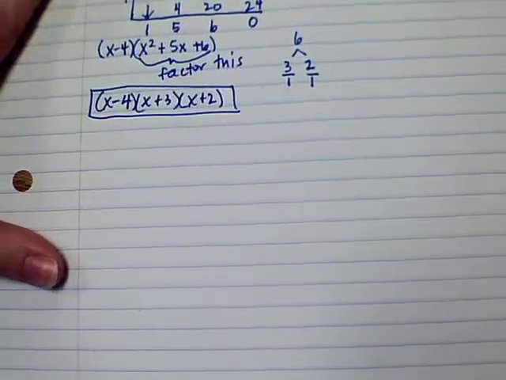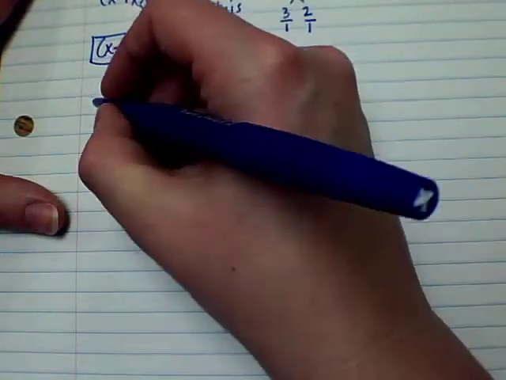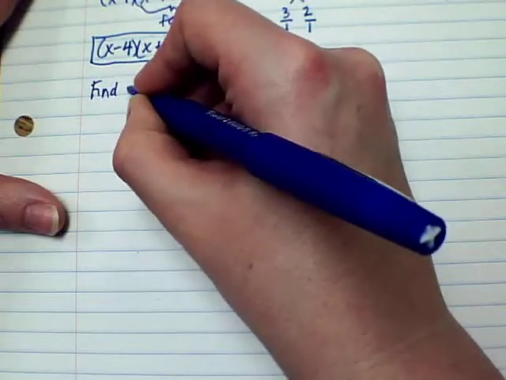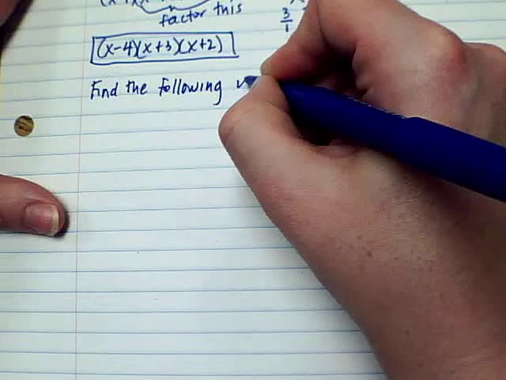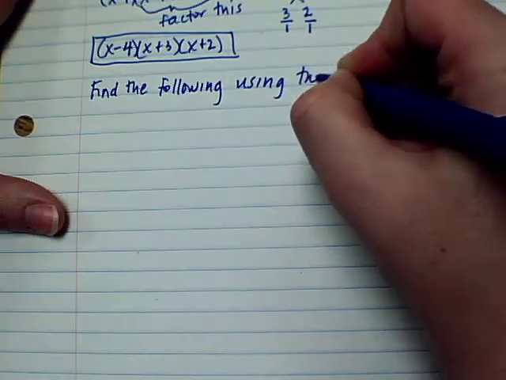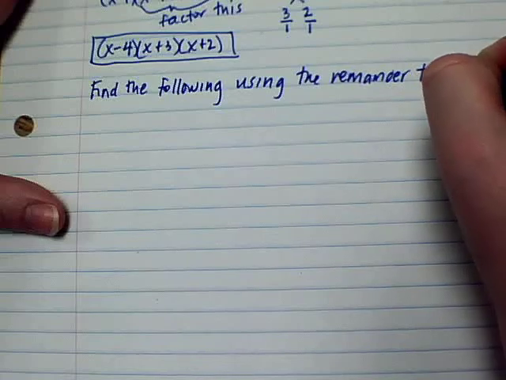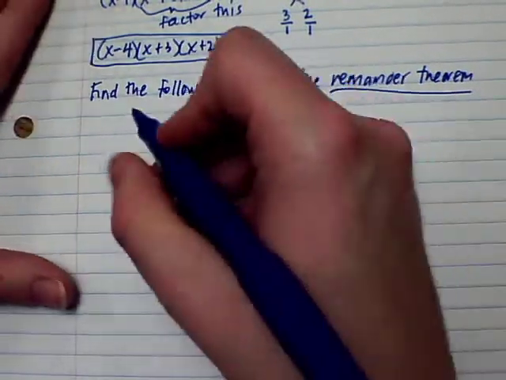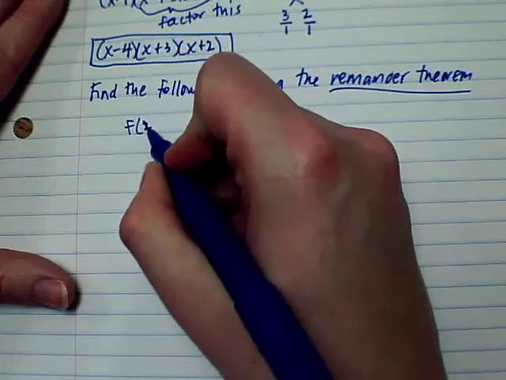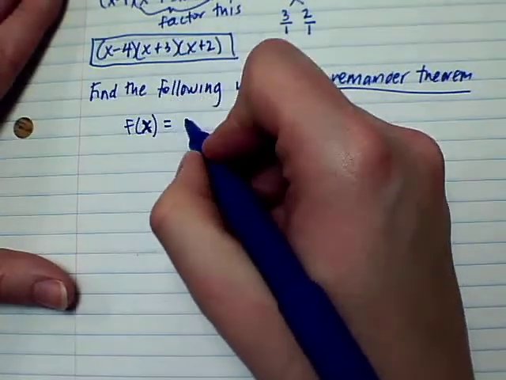All right, the next thing that we're going to look at with synthetic division is called the remainder theorem. So find the following using the remainder theorem. And what the remainder theorem tells us is that if we are evaluating a function at a specific number, the remainder is that answer.